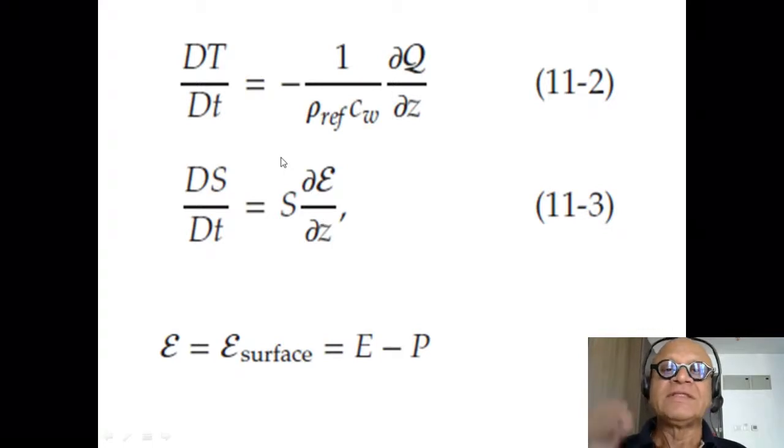Okay, this term obviously includes time variability of temperature plus the advection terms like u dT dx, v dT dy, and w dT dz, right?